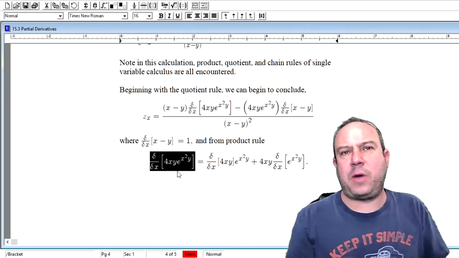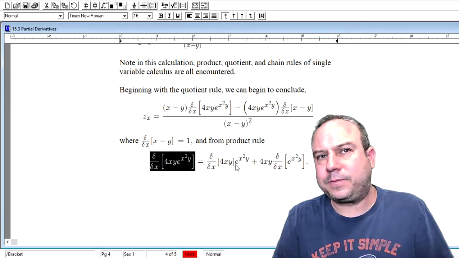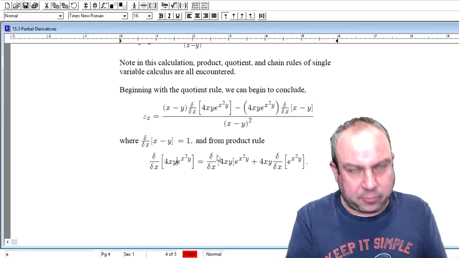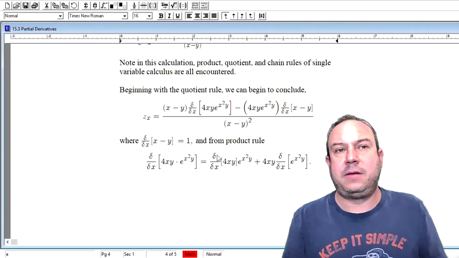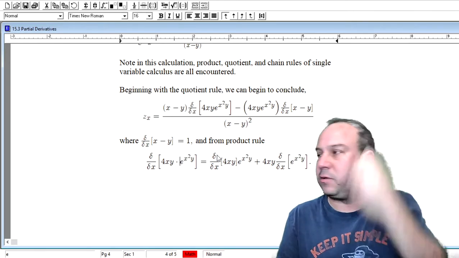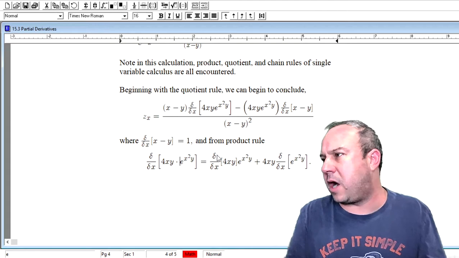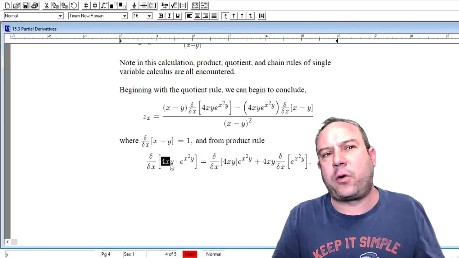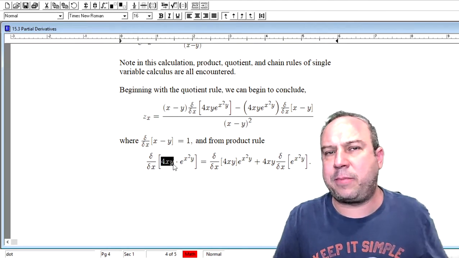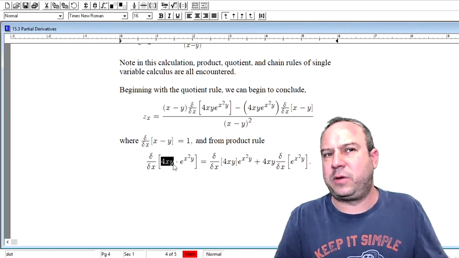All right? And the way I break up the product rule, you'll notice, is I actually break right on the product right here. I could really get complex with my product rule, but I'm going to keep it simple. I'm going to try to make it just one product rule here. If I think of 4xy as the first, I can tackle that derivative with respect to x. That's 4y.